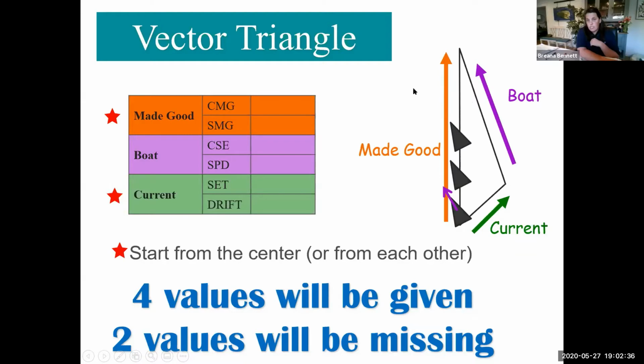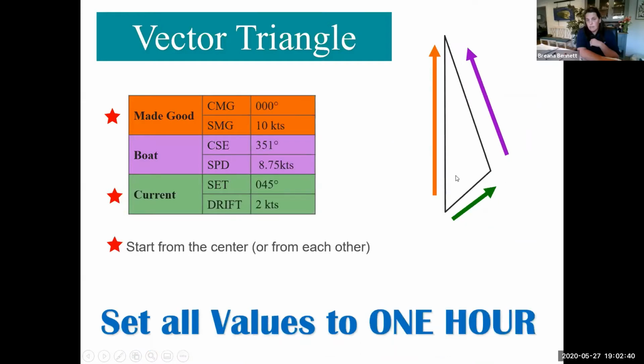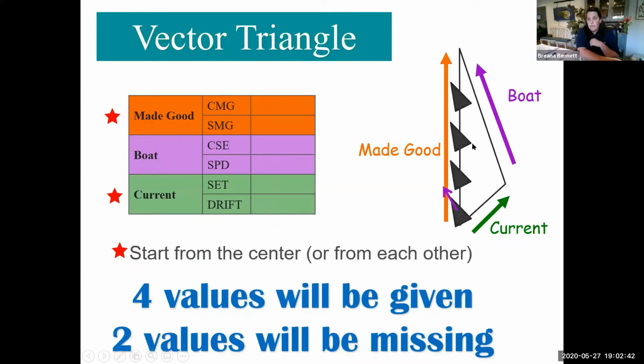My boat is steering in this direction the whole time, but on my made good, I'm kind of crabbing because the current is so strong. Does that make sense?